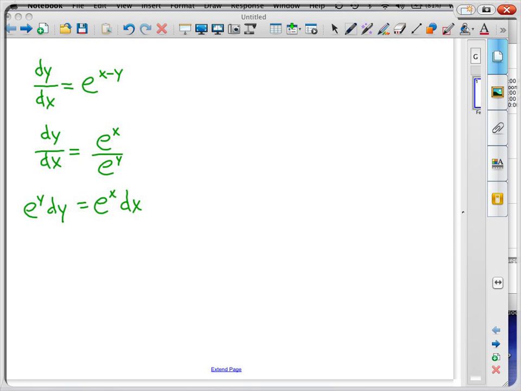And suddenly the problem looks pretty simple because, as I've said, when the variables are separated, it's time to integrate. And so with this integration, we get e to the y equaling e to the x plus c.